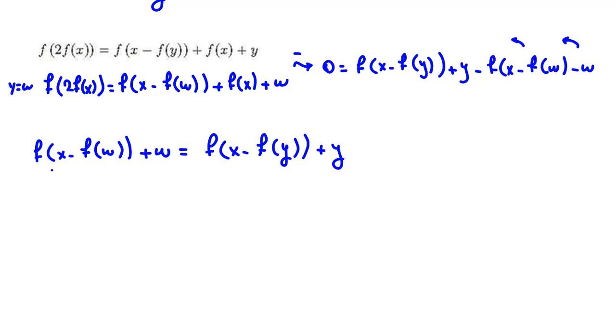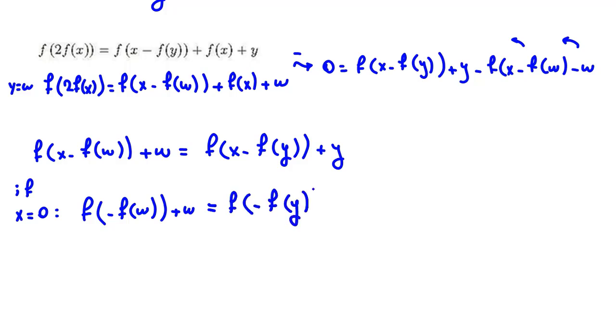Here we can say, for example, let's consider x equal to 0. Okay, if x equal to 0, again, considering a special case or small example, f of negative f of w plus f of w plus w equal to f of negative f of y, for all y and w.